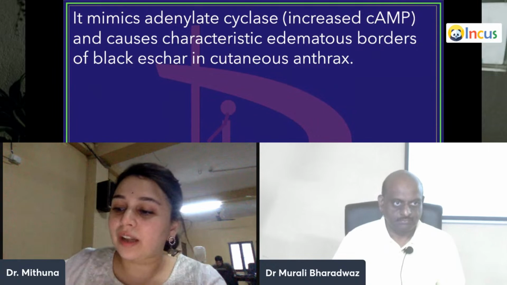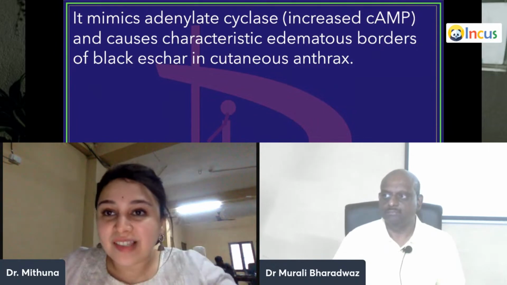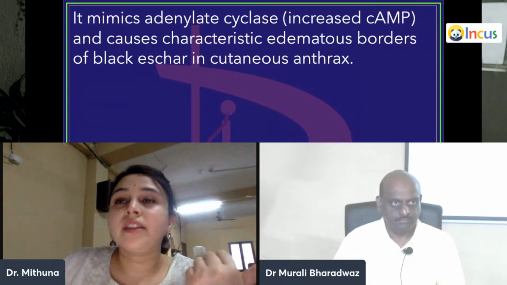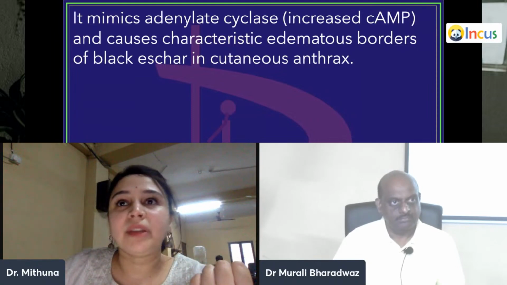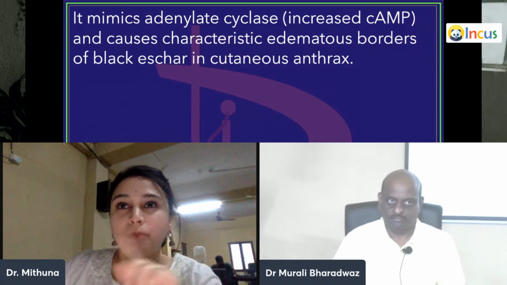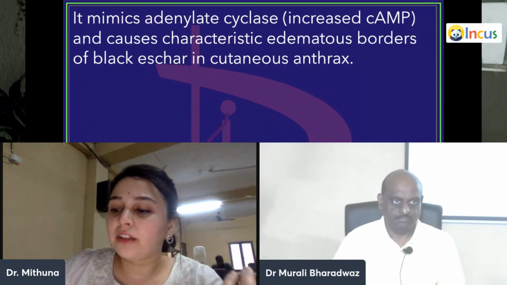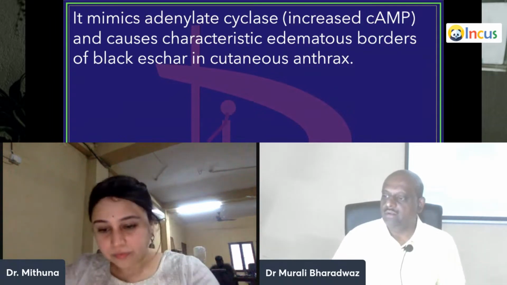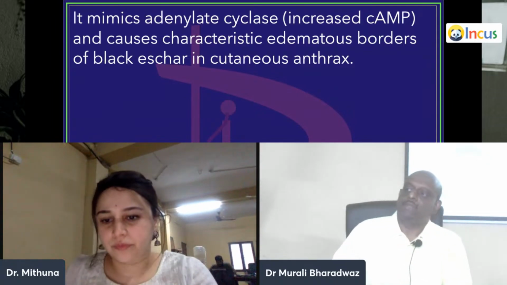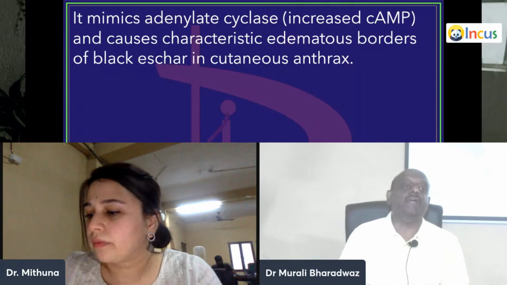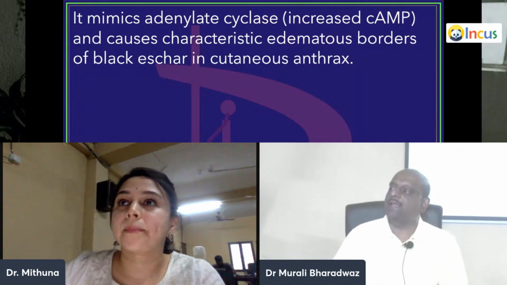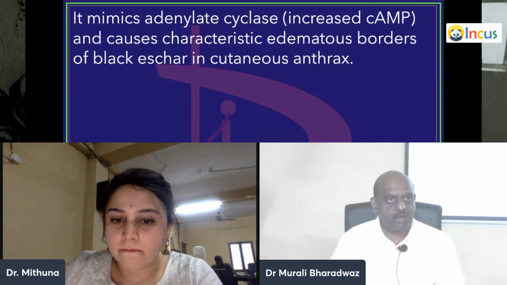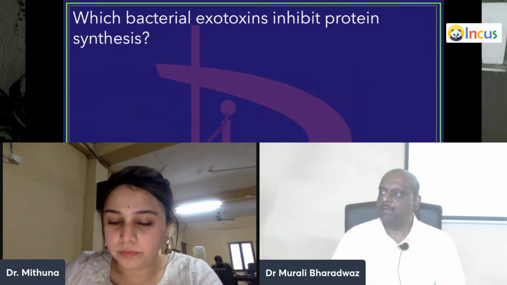Protective factor facilitates the entry of anthrax into the cells. The edema factor increases cyclic AMP, leading to edema around the eschar borders, and lethal factor causes necrosis. So, it mimics the adenylate cyclase, increases the cyclic AMP and causes the edematous borders of the black eschar, is what you need to remember.